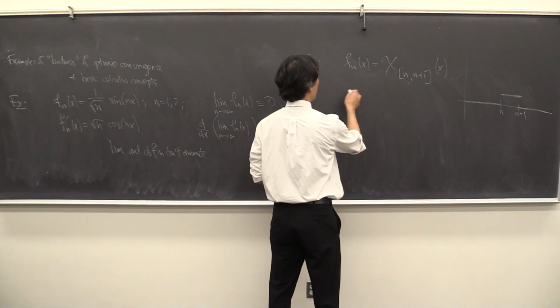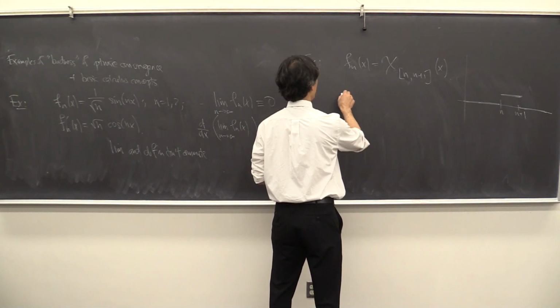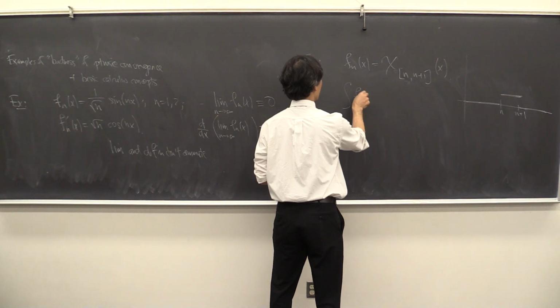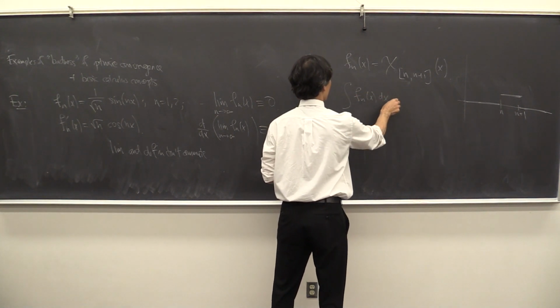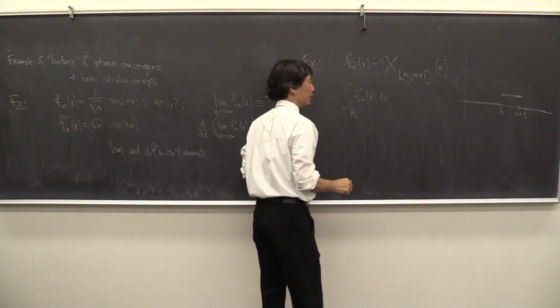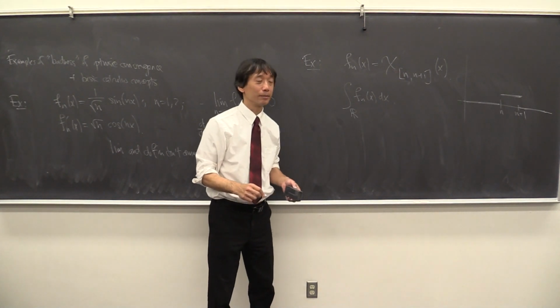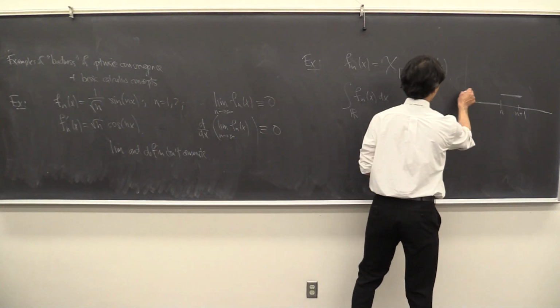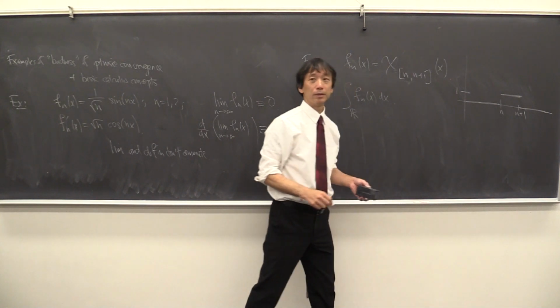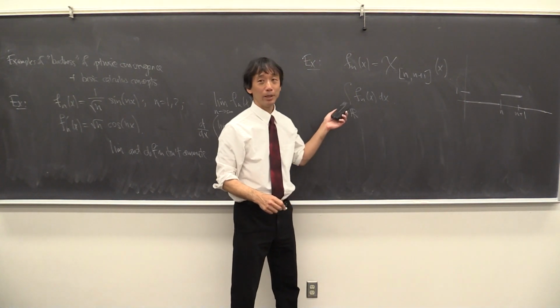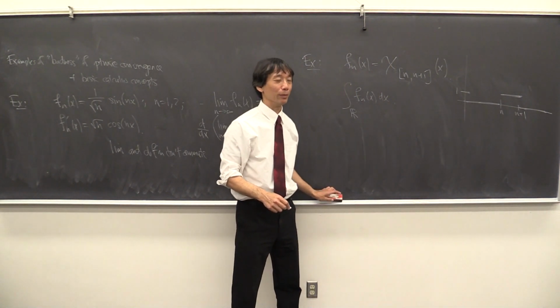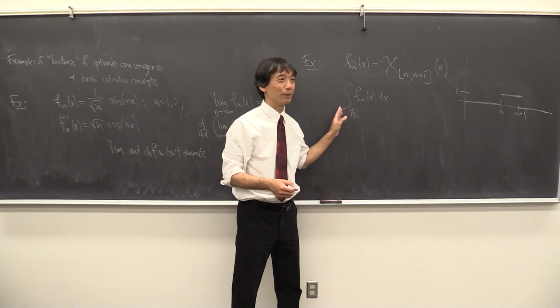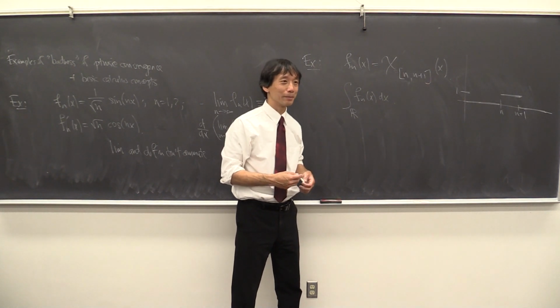So what's the integral of this function over the real line? It gives you a 1 if you're in this interval, and 0 otherwise. What's the integral of this function?